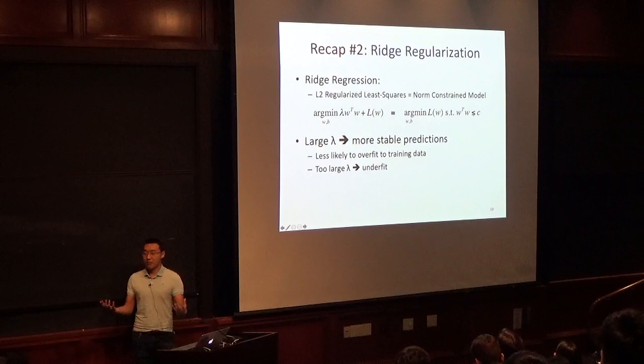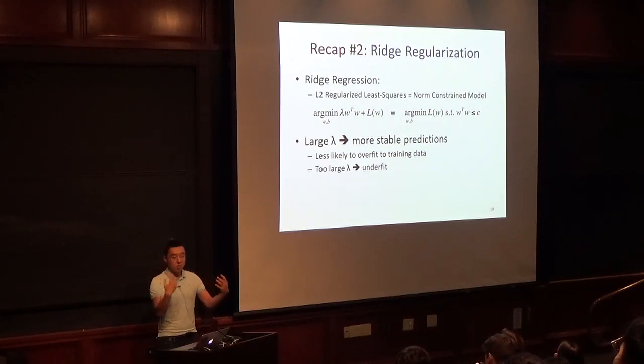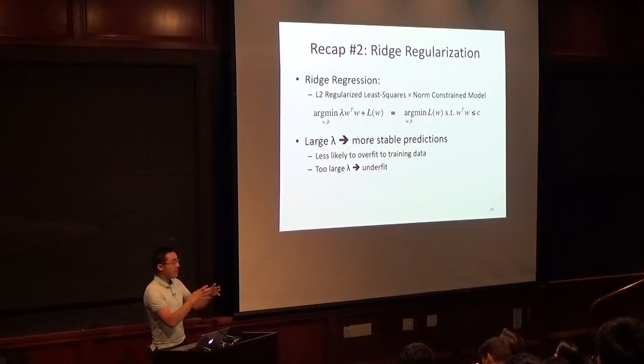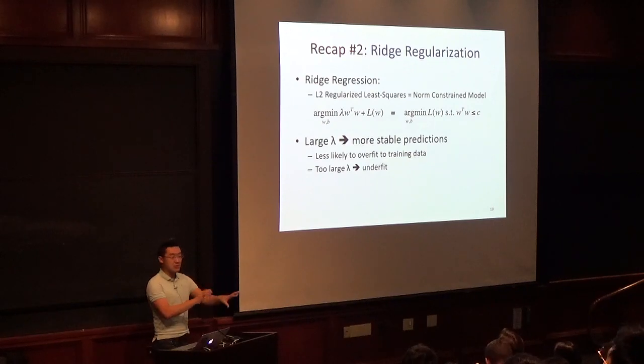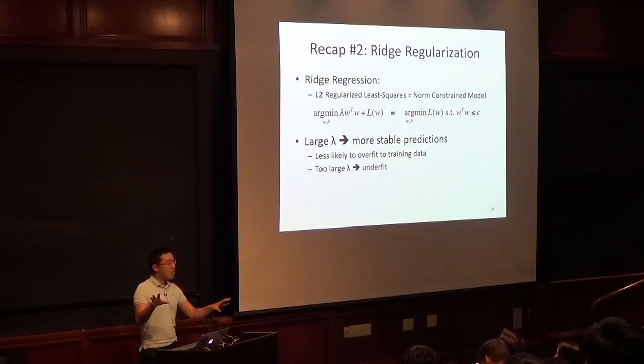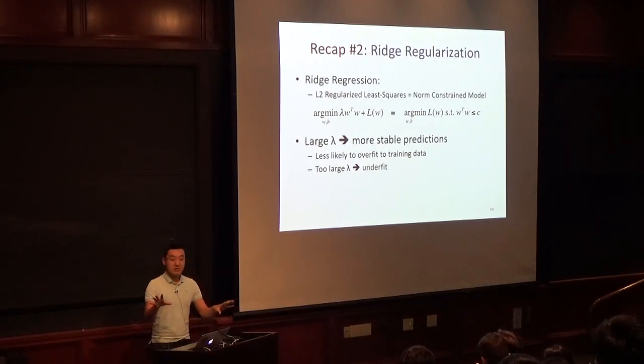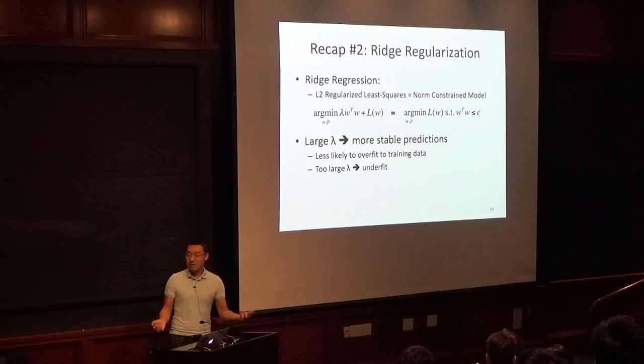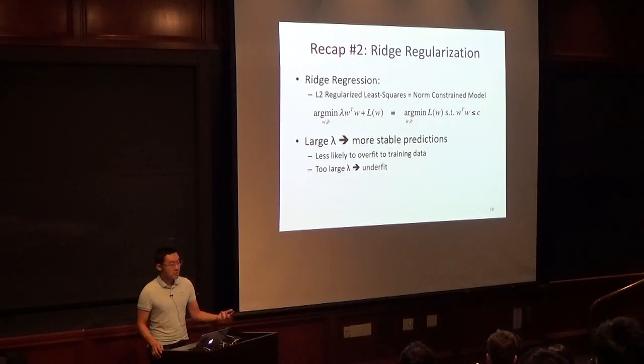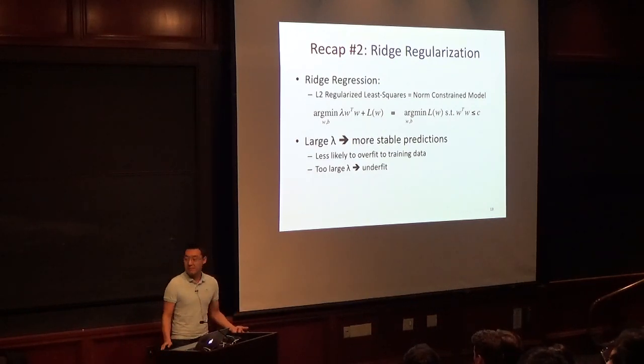If we choose two different model classes, C equals 1 and C equals 2, all the models in C equals 1 are contained in the models for C equals 2. So the model class for C equals 2 is a strict superset of the model class for C equals 1. So it's by definition more complex.